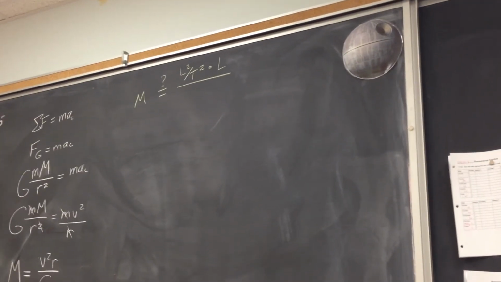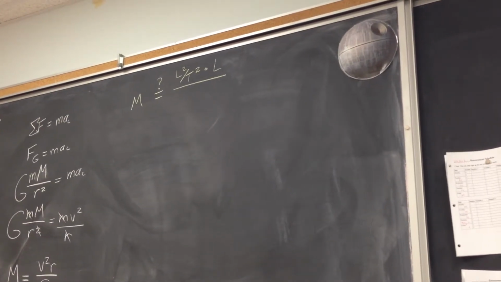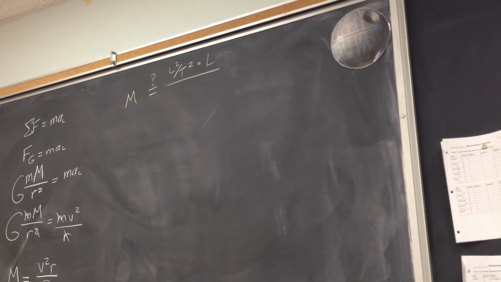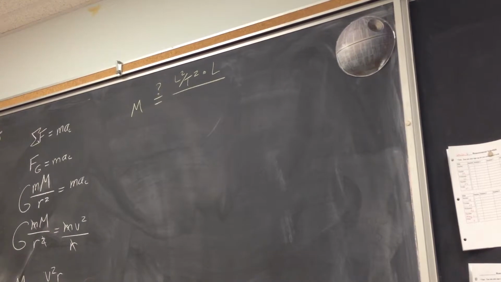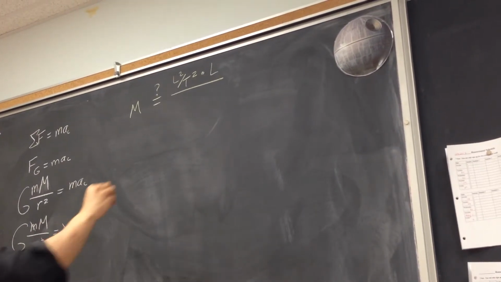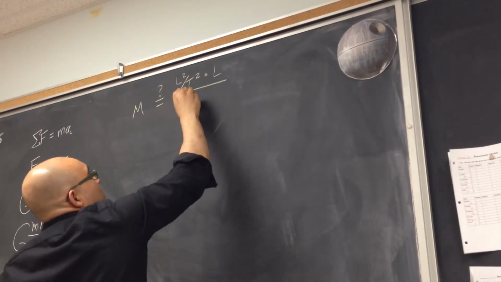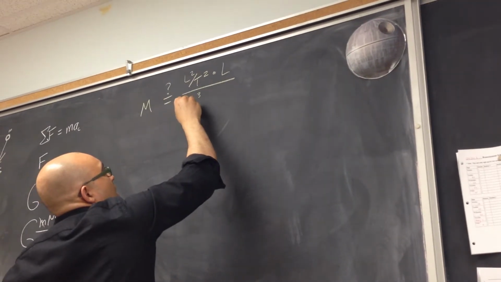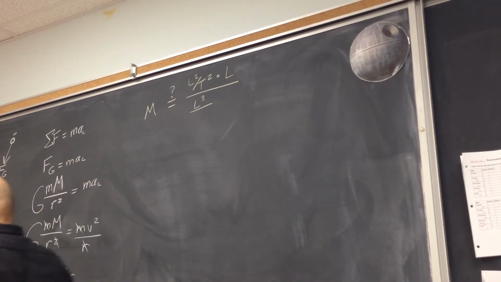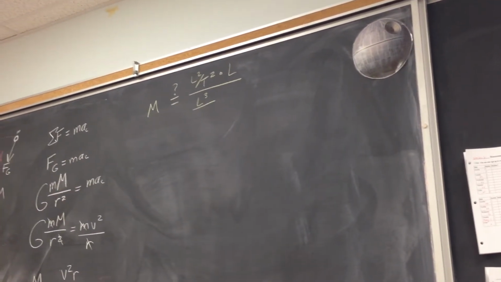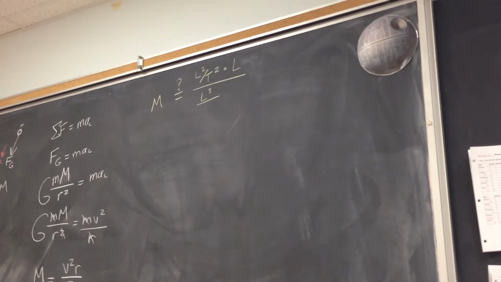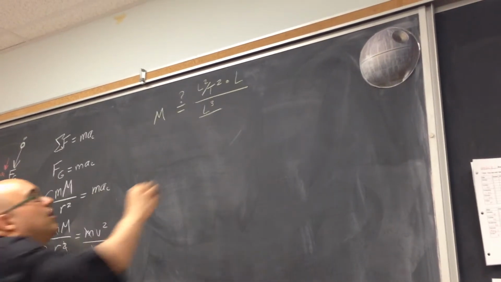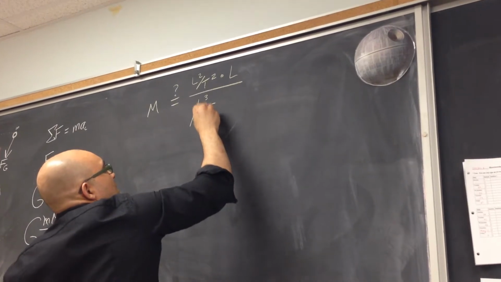What was the unit of G? It's meters cubed over kilograms times seconds squared. Okay, so a mass times a time squared.